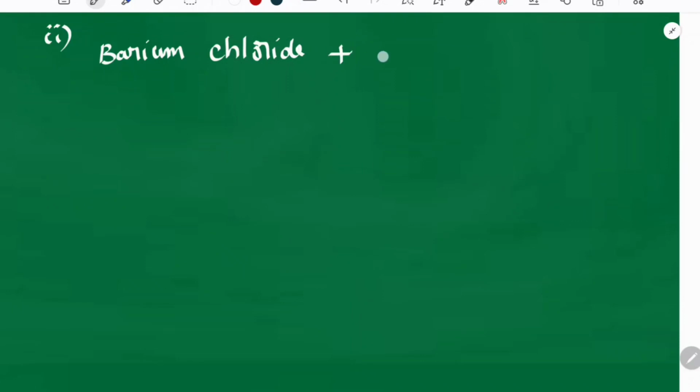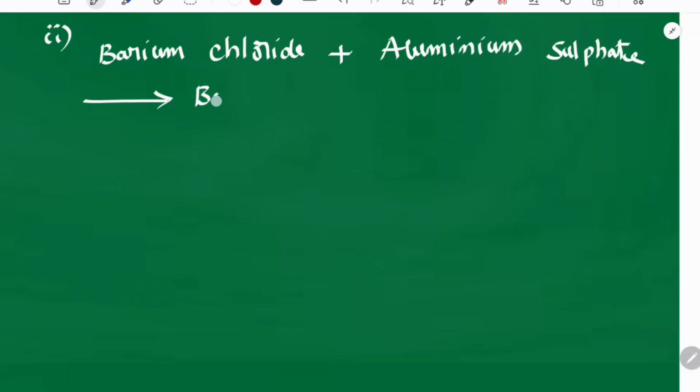What is the second one? Barium chloride plus aluminum sulfate gives rise to barium sulfate plus aluminum chloride.